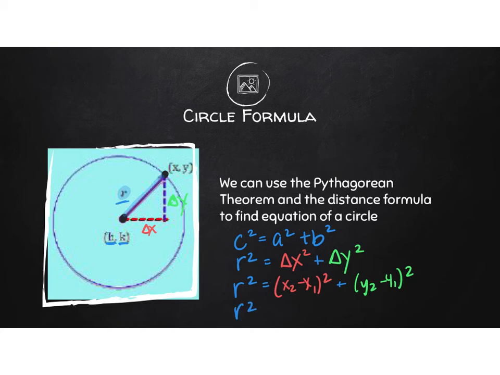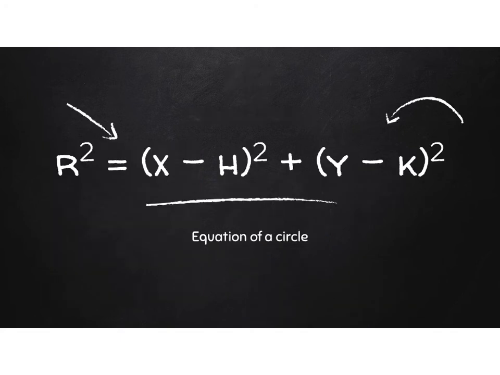R squared is equal to x minus h from that center squared, plus the y value that we're given minus our k value squared, which is truly the equation of a circle.